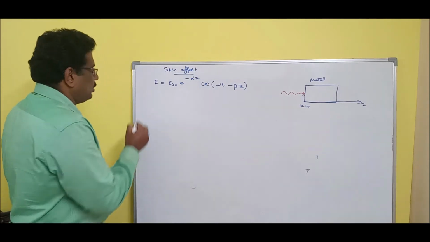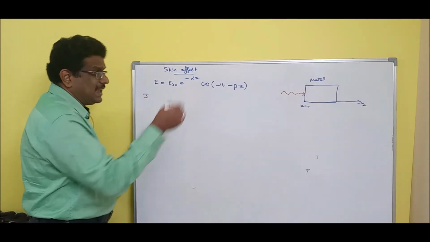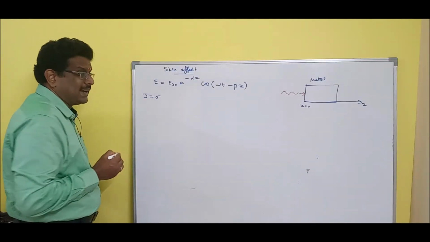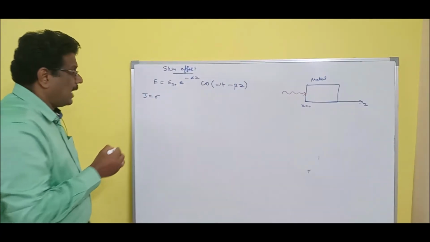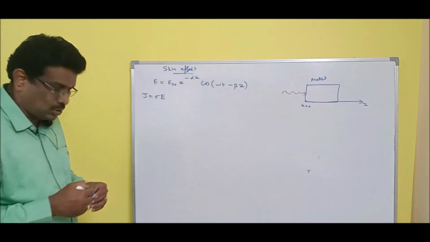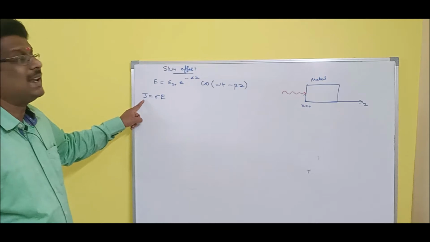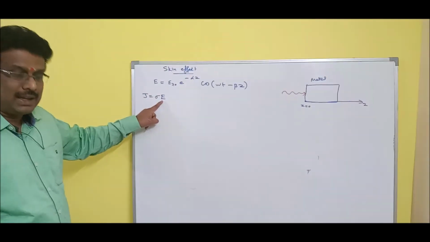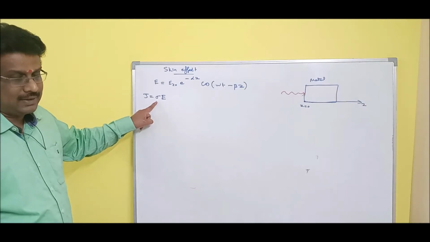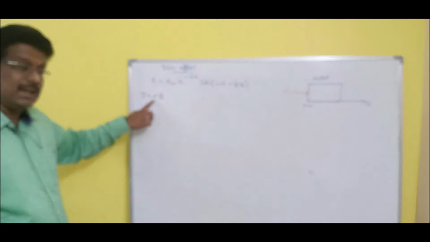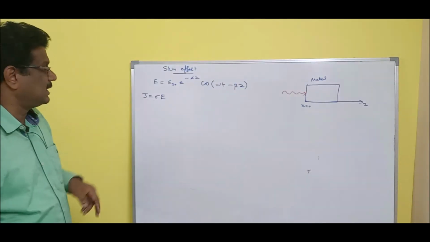Now, you also know the current density created inside a metal depends purely on the conductivity of the metal, and it also depends on the electric field incident. So, the current created inside the metal is due to the strength of the electric field as well as its conductivity. If the wave strength is more, current creation is also more. If conductivity is more, again current creation is also more.